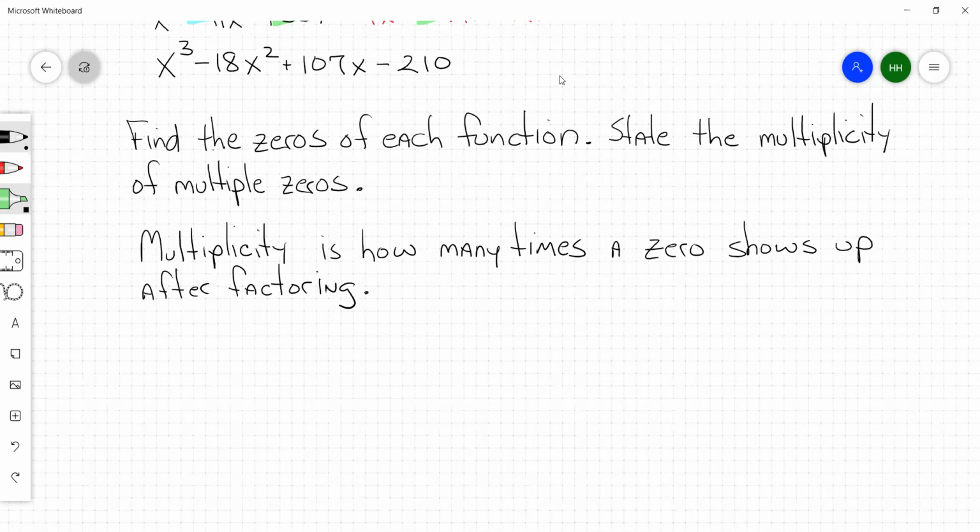All right, and it's not the number zero, it's the zero of the function. And here's what I mean. If we're going to find the zeros of each function, then we're going to state the multiplicity. And let's say we got y equals x plus 3, and this is cubed.